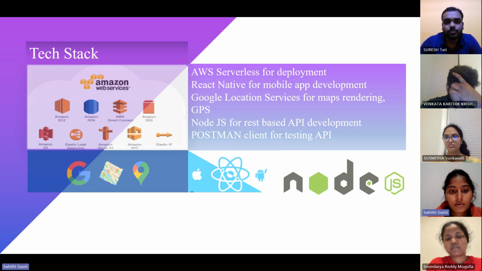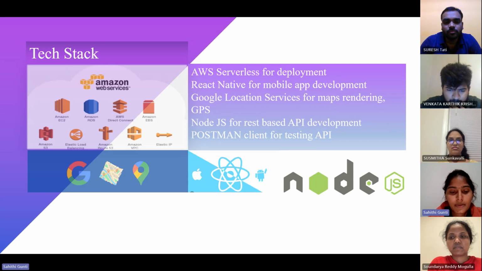We used Node.js for backend development and DynamoDB as the database to store the data. We used the Postman client to test the API and insert data into DynamoDB. We implemented the Google location services API for map rendering and GPS, and we used serverless AWS Lambda for development.